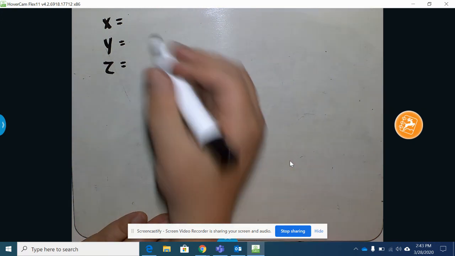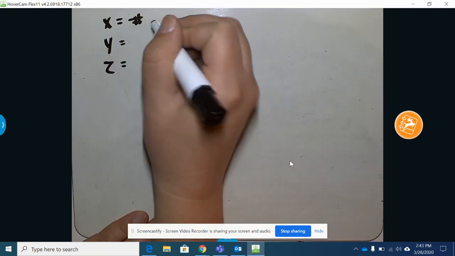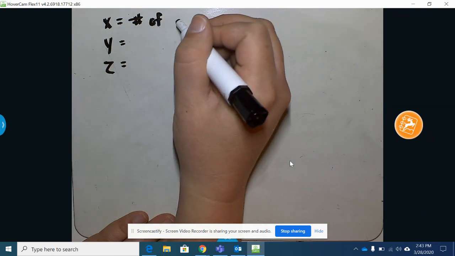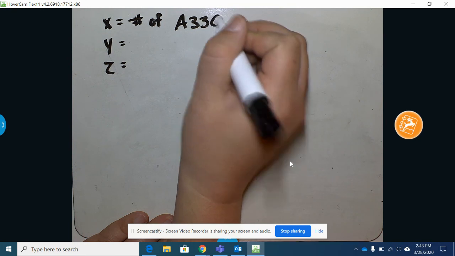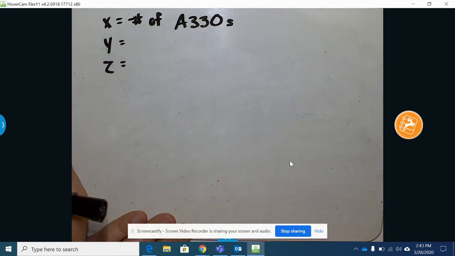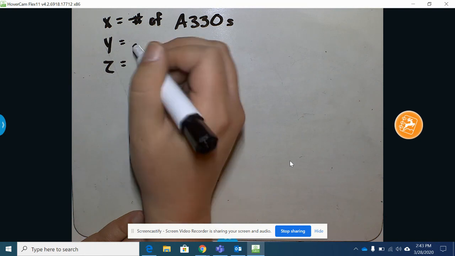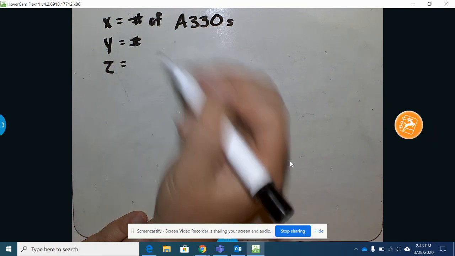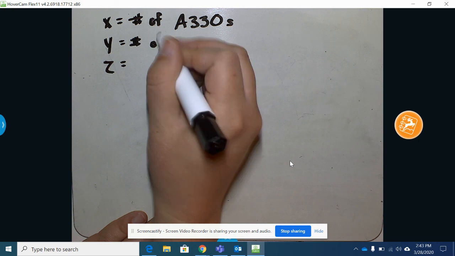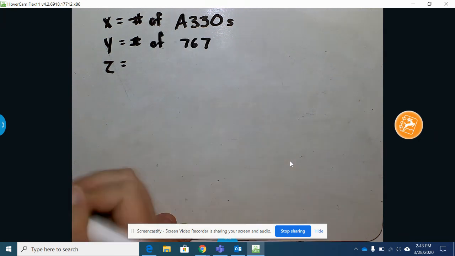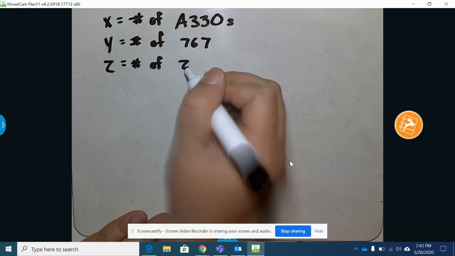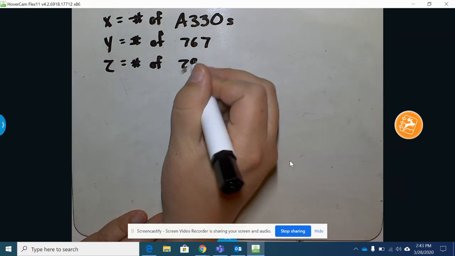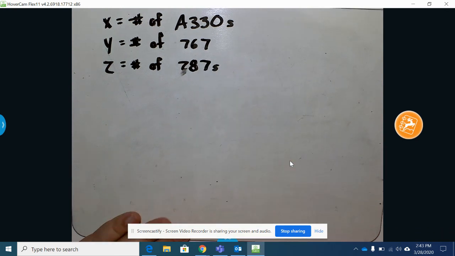The first one is going to be the number of, I will call this the A330s. You could write Airbus A330-300s if you want, but I'm not going to waste my time there. Y is going to be the number of 767s, and then Z would be the number of 787s.